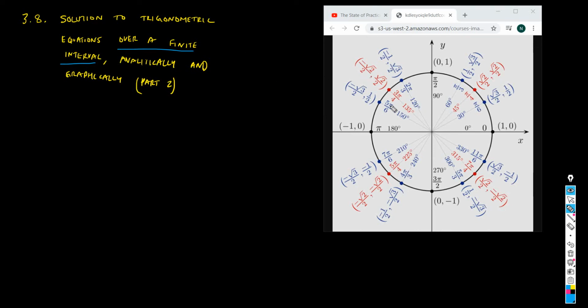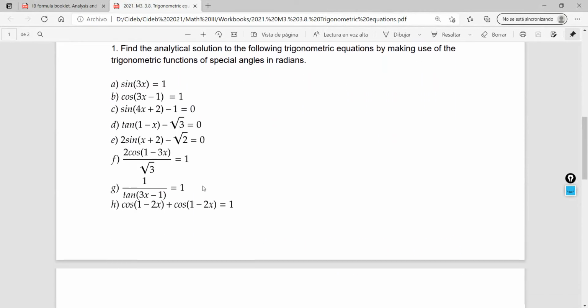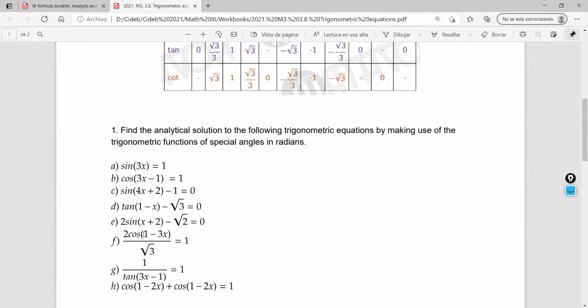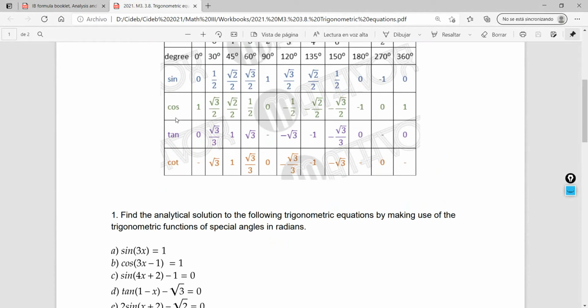Today, guys, we're going to use also the trigonometric functions of angles in the second, in the third, and in the fourth quadrant. Because I don't know if you realize this, but for all the equations that I gave you in the workbook, you only had to make use of the trigonometric functions.